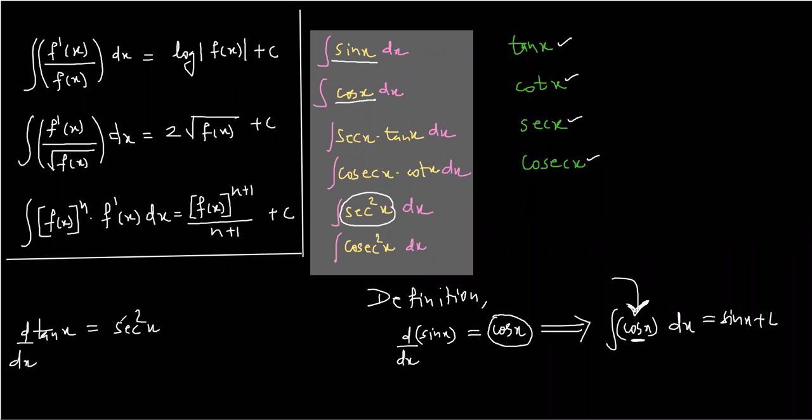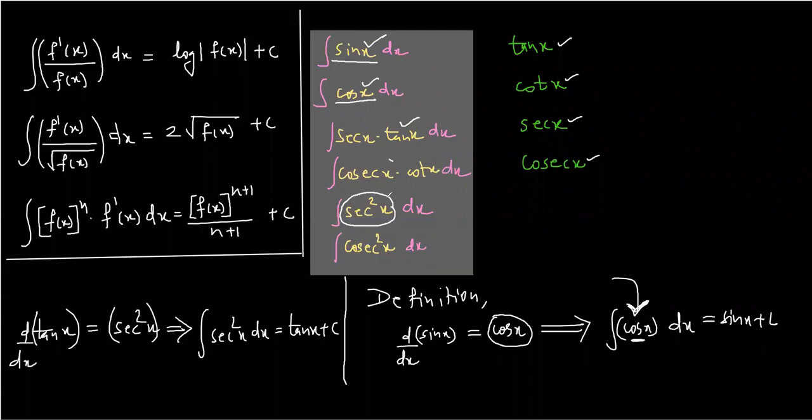So by definition, derivative of tan x is sec square x, so integration of sec square x dx is equal to tan x plus c. So this was the reason that we got integration of these functions. We knew that they are derivative of some function.